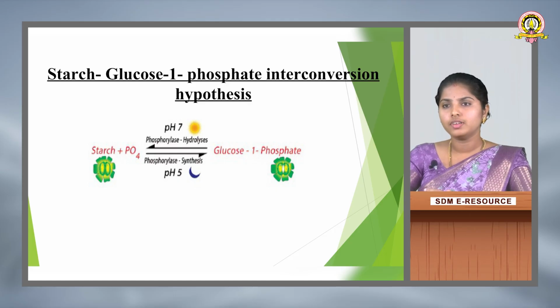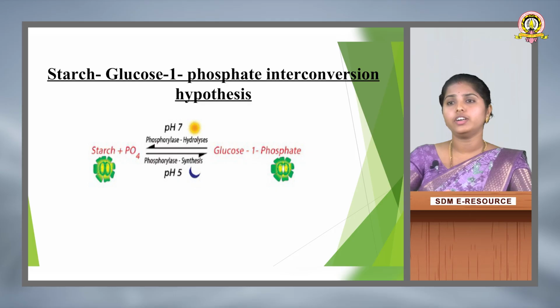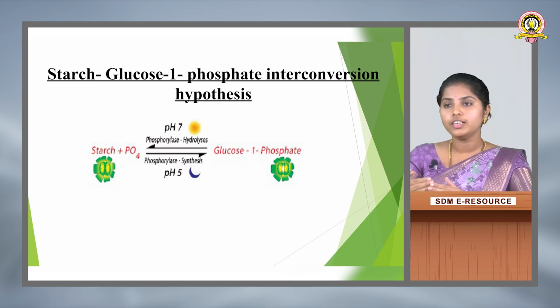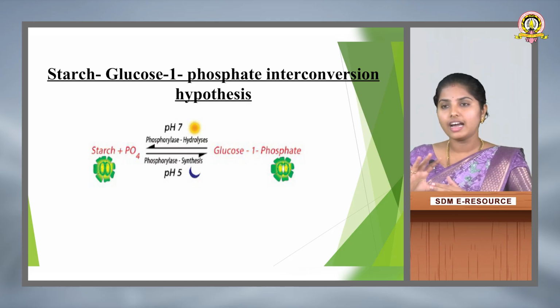During the daytime, in the presence of light, the pH of the guard cell is around 7. During light conditions, the insoluble starch is converted into soluble glucose 1-phosphate, which dissolves in the guard cells.